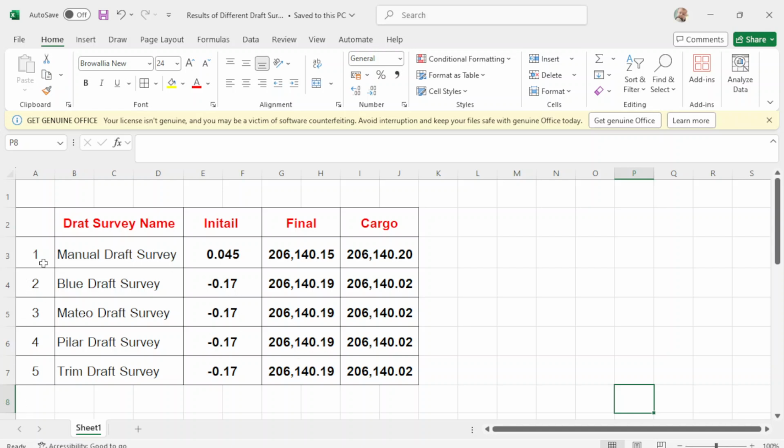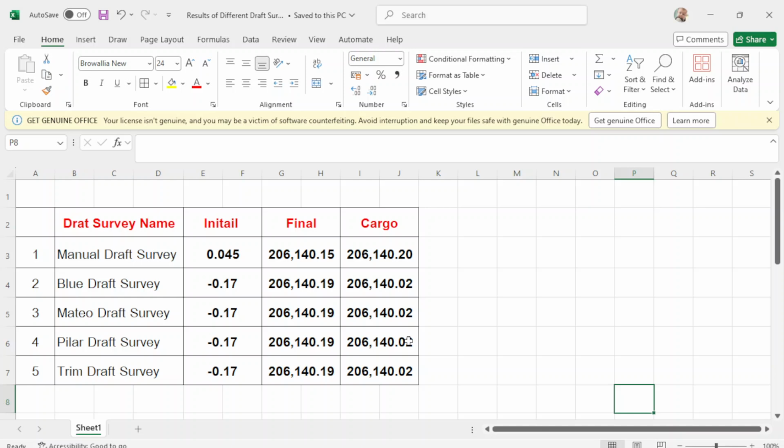So I have here 5 draft surveys. They have the same answers. It's only a decimal that is the difference. Here all 4 of these are the same except for the manual loading or long manual draft survey. But anyway, guys, I hope you got the point. You can make your own form of draft survey as long as the answer is correct.